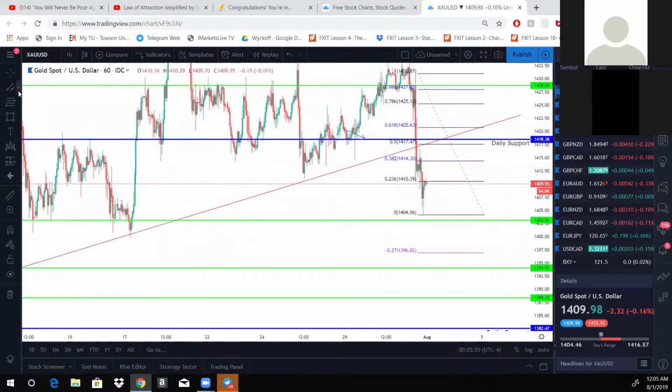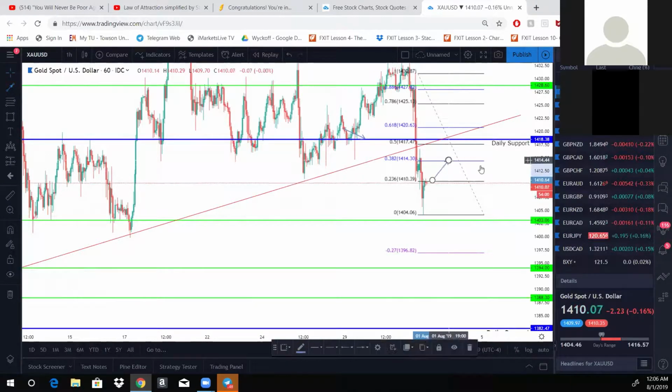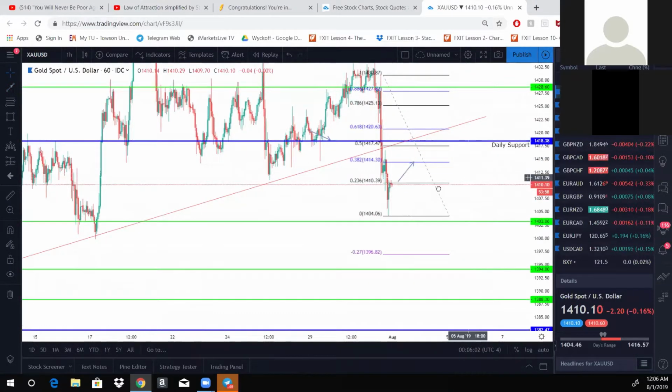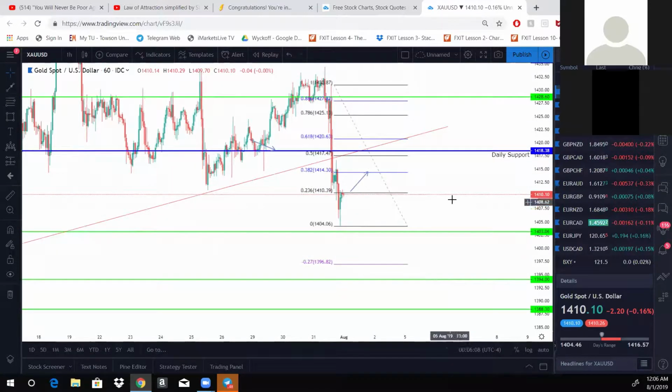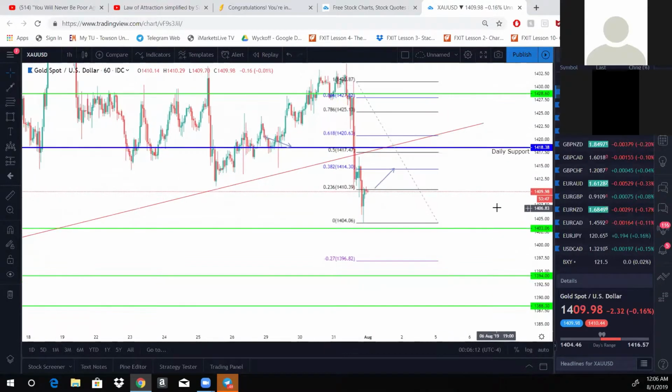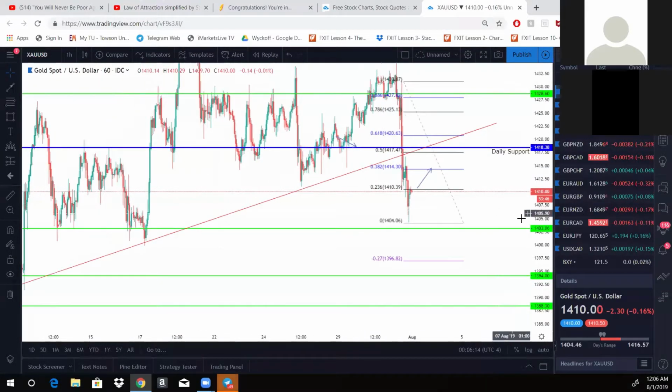Maybe you get some pullback right here, 38.2, and obviously any pullback to 38.2, 23.6 or 50 is still a strong indication of the structure continuing in its direction, which right now is bearish. So yeah, I can see this falling down.